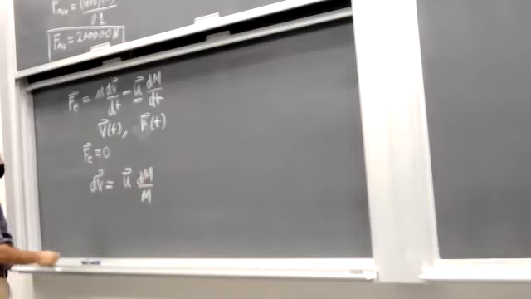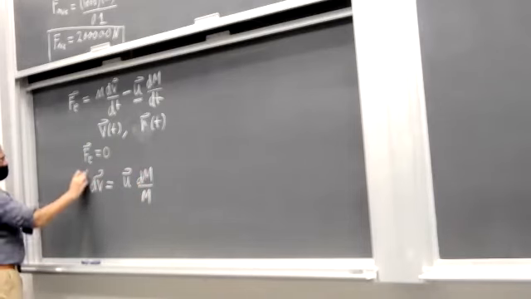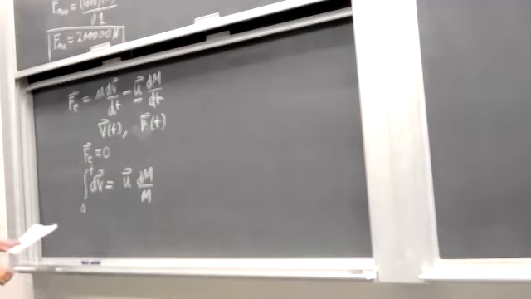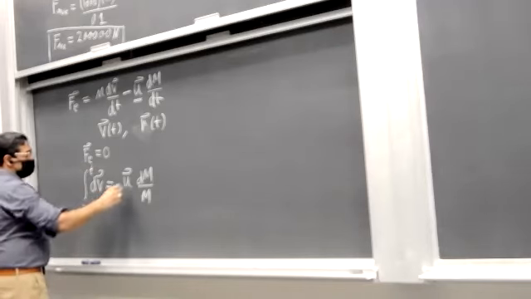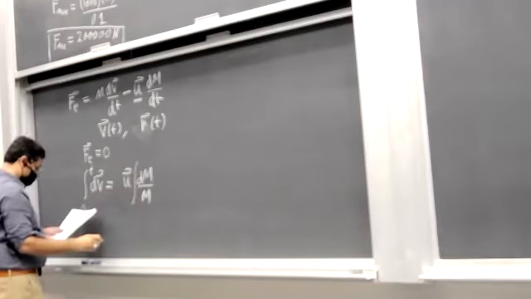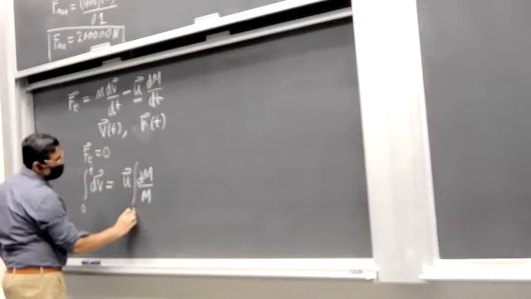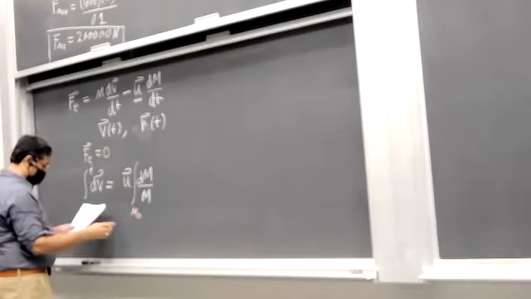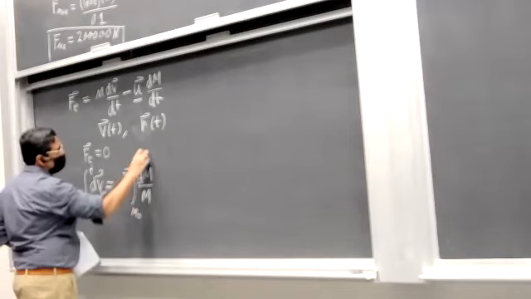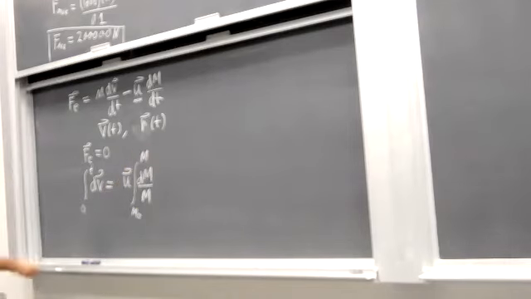And now if you integrate on both sides, 0 to t, and here m naught to m. Let's say m naught is the mass when you started observing the system, and m is the mass at time t, right?